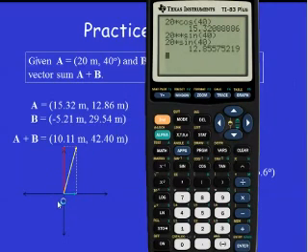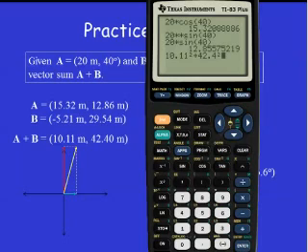So we have 10.11 meters to the right, or in the positive x direction, 42.40 meters in the positive y direction. So now we need the Pythagorean theorem. So that means you need 10.11 squared plus 42.4 meters squared.